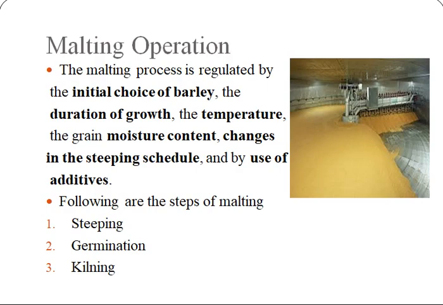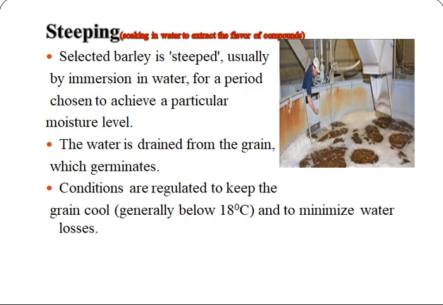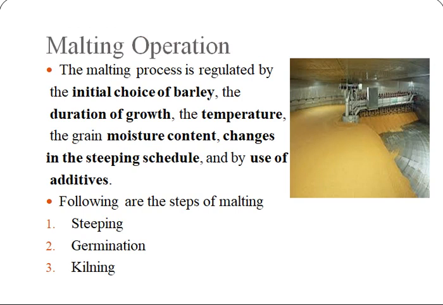So, malting operations. The malting process is regulated by the initial choice of barley, the duration of growth, temperature, the grain moisture content, changes in the steeping schedule, and by the use of additives. Here are the basic steps. Steeping is first. What is steeping? Soaking in water is called steeping.